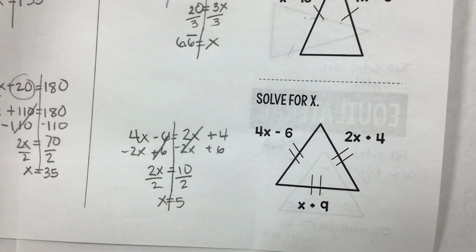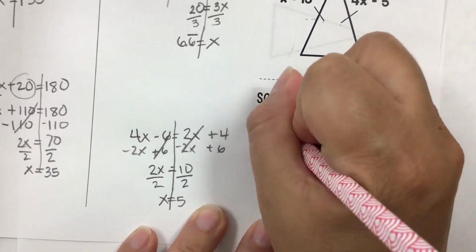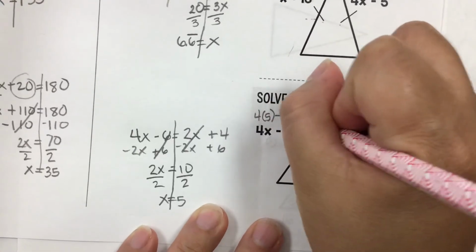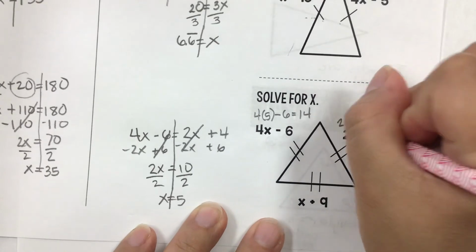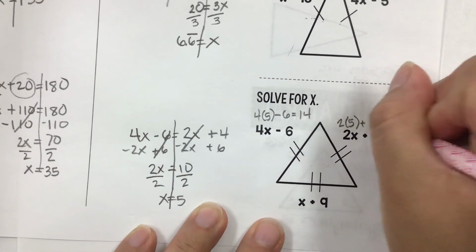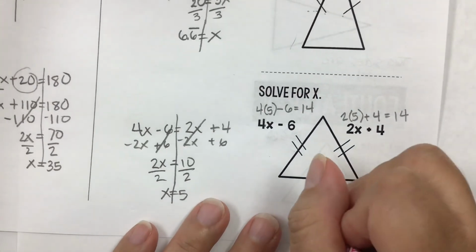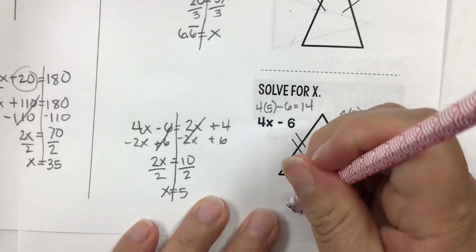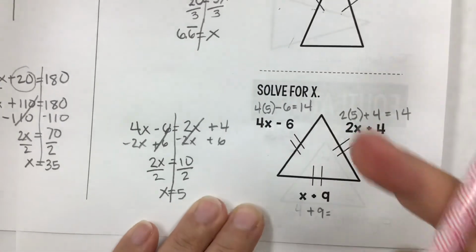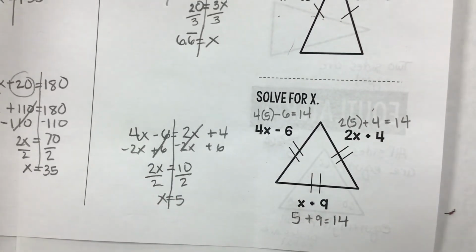Just to verify that you got the correct answer or that it's actually an equilateral, you can plug it in. So 4 times 5 is 20 minus 6 is 14. 2 times 5 is 10 plus 4 is 14. 5 plus 9, sorry about that, is also 14, and we know that it's an equilateral triangle.